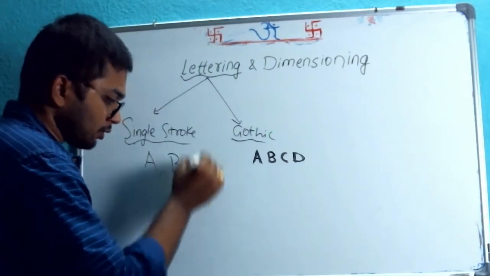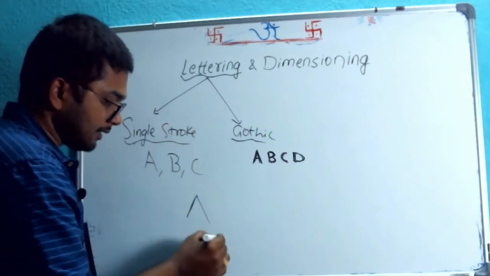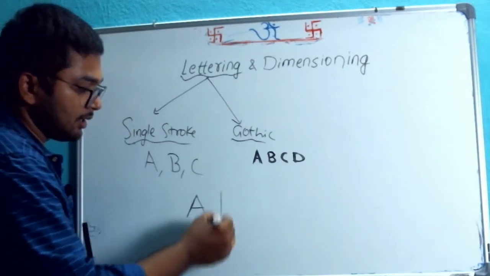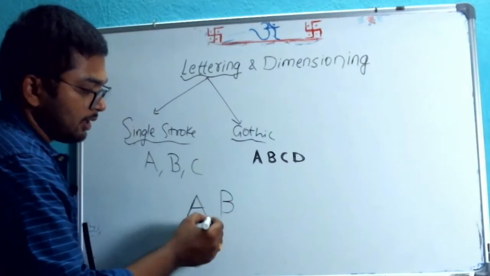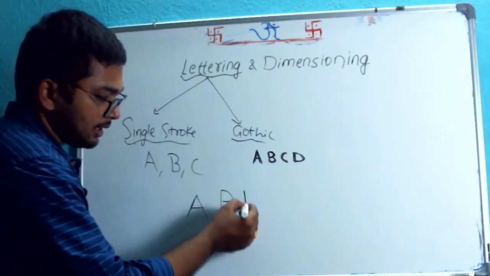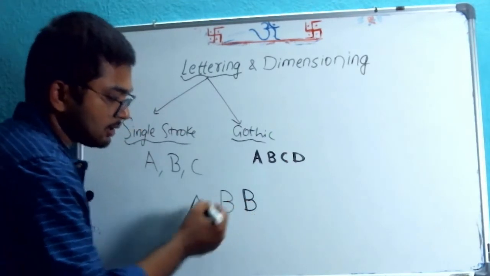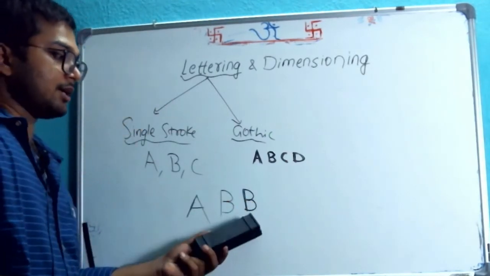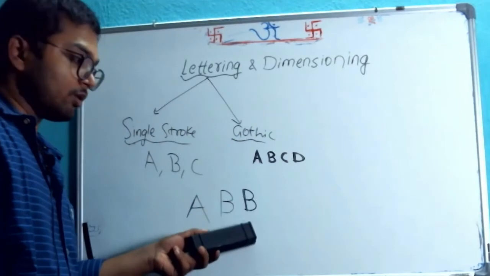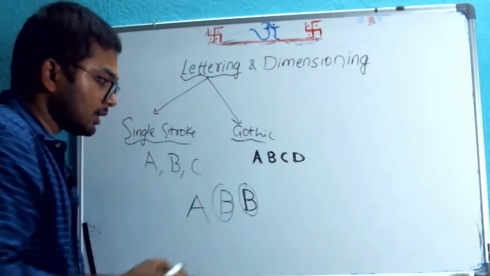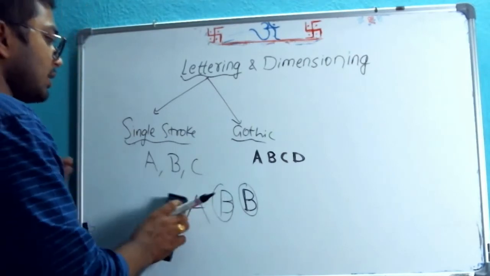In a single stroke, I'm completing every line or every element of that particular letter. It is not like I'm doing like this and again going back and again doing like this. That will become thick, going to and fro. So this is single stroke. This again will become Gothic. That is the difference, that is what I meant to say.